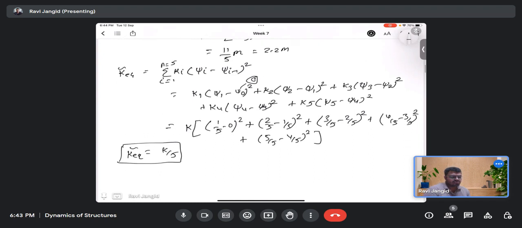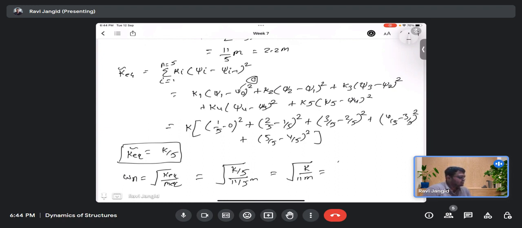So we need to find out the natural frequency in this question. That is omega n equal to square root of k equivalent by m equivalent. So k equivalent is k by 5, m equivalent is 11 by 5 into m. So that becomes k by 11 m.